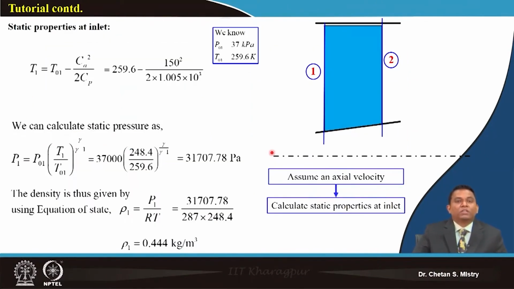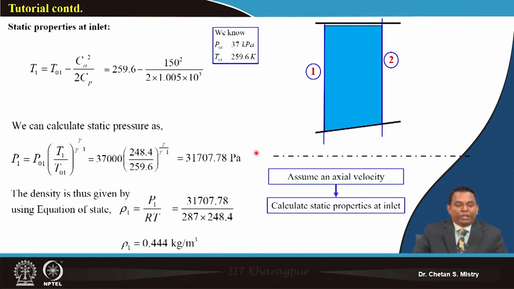Now, as we know, at the entry condition we need to have our entry dimensions. In order to have those dimensions, we must know our entry density. At the same time, axial velocity as well as peripheral speed need to be known in order to complete our velocity triangle.